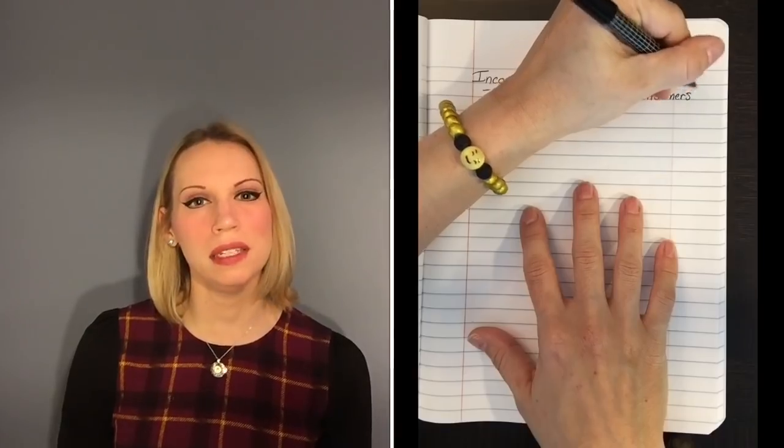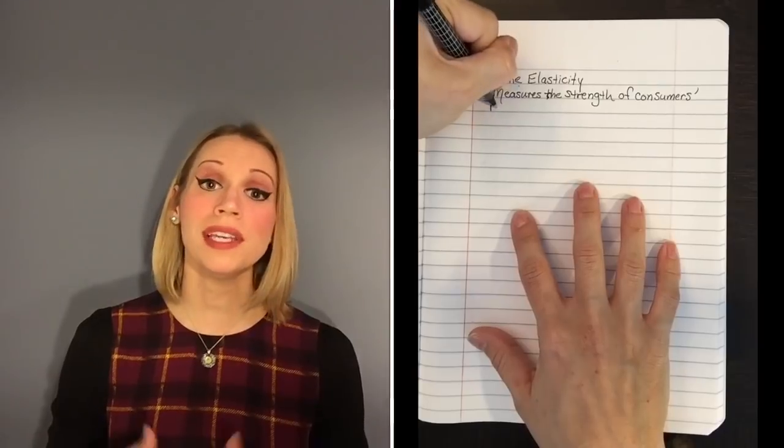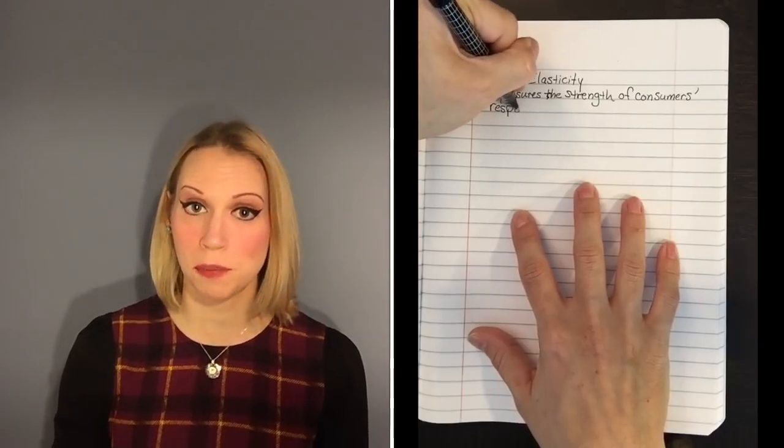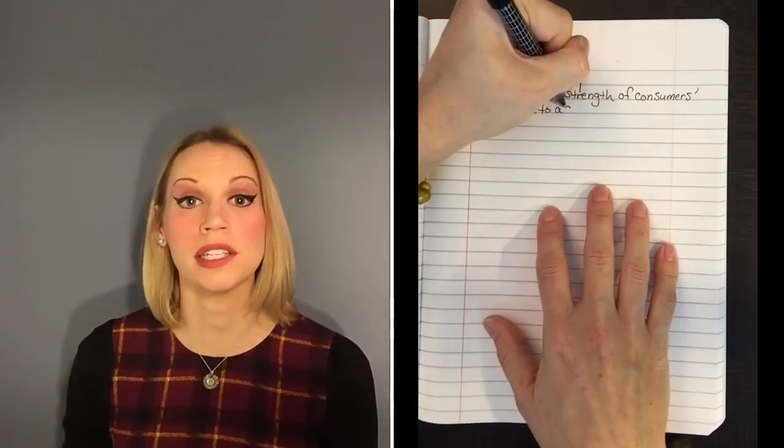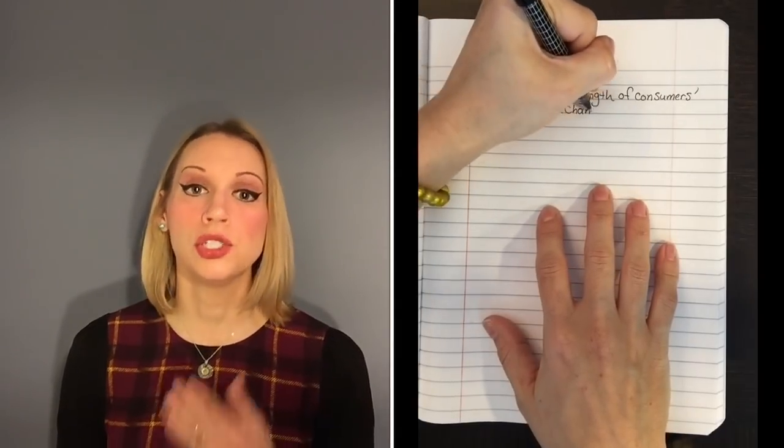Now let's talk about income elasticity. We know that elasticity refers to the responsiveness of something. So income elasticity measures the strength of consumers' response to a change in their income. In these situations, we're looking to see, if people get paid more, how does that affect the amount of stuff they're buying?